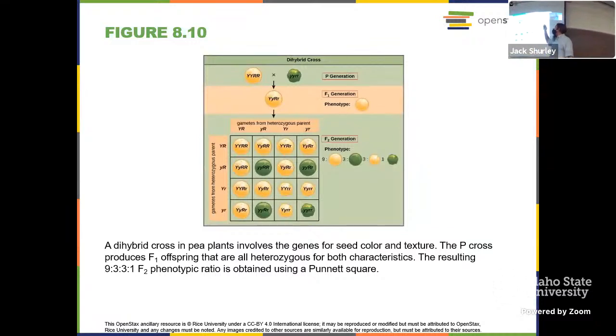If we had the green and the wrinkled on the same chromosome, well, then you would expect it to be similar probabilities or similar amounts as it's passed on. So in that case, we wouldn't be seeing this 9-3-3-1. It would be a simple 3-to-1 ratio because they would be on the same chromosomes. That's not what we see when they're on separate chromosomes. It gives us this variation, more detail. And truly, I think, pretty fortunate for Mendel that it was that way.